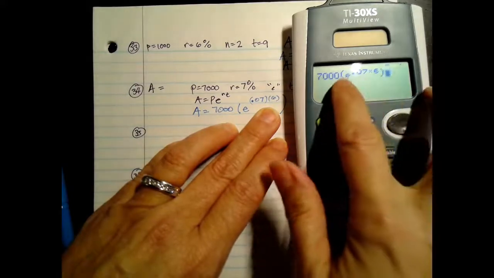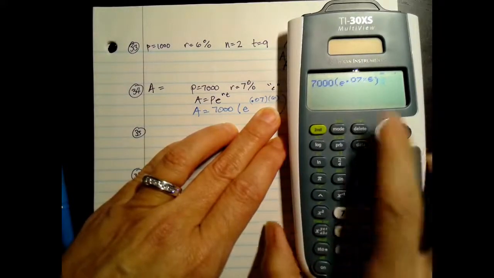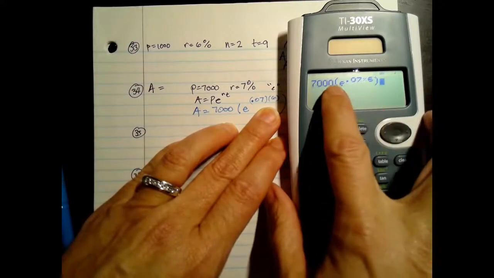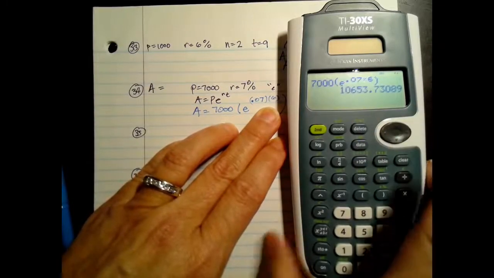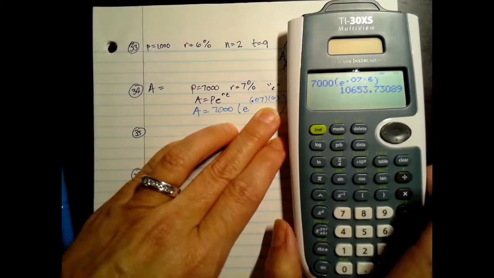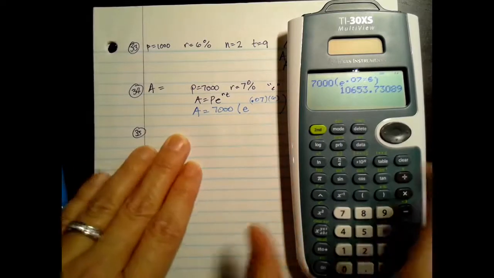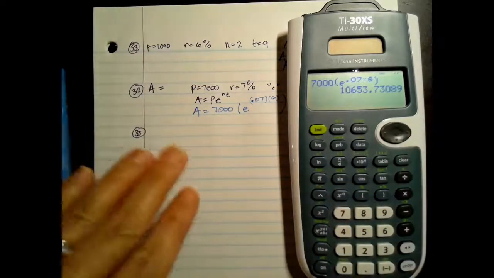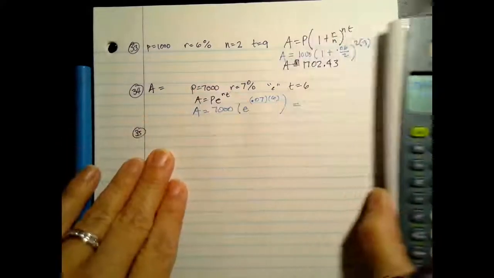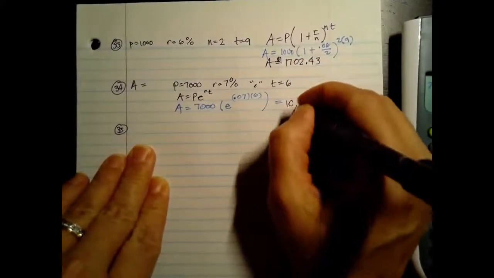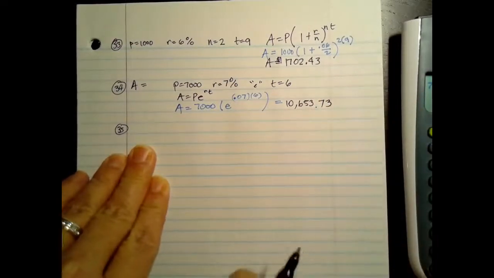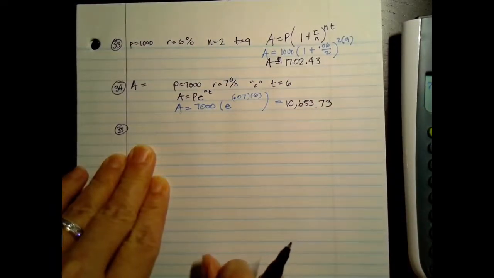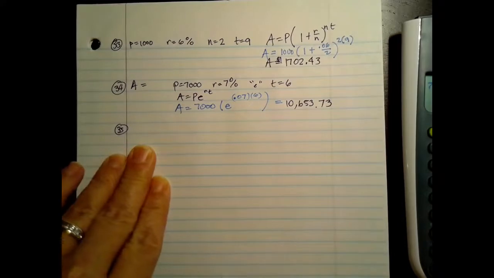I put parentheses to denote multiplication. You didn't have to put the parentheses, you could have put a times, but this calculator knows that parentheses means that you have to multiply. Okay, so I got my accumulated amount, and it is $10,653.73, and that is number 34.